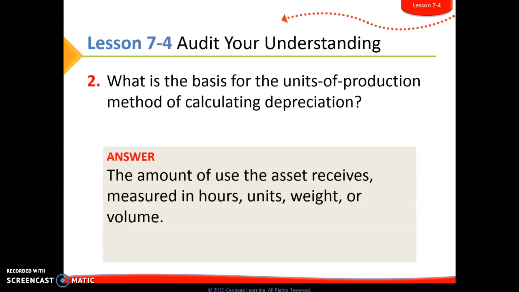The amount of use the asset receives, measured in hours, units, weight, or volume. So what we looked at is that van, and we looked at it in miles. A printer, sometimes a printer will be in copies, how many copies it prints. So that would be like volume.